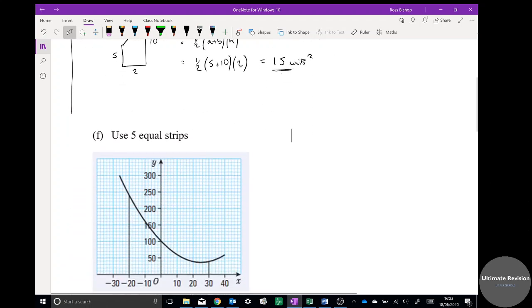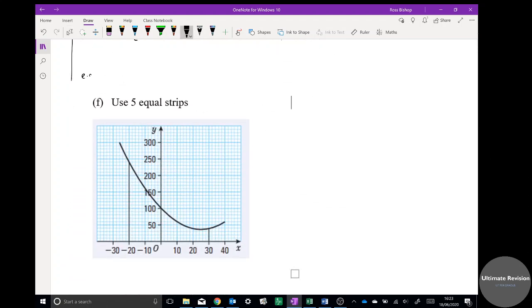Okay, here we go. Example 1. It says, estimate the area of this graph between these two lines, that line and that line, using 5 equal strips. So I need to split the area up into equal strips here, and I'm going to do that by splitting up 5 equal strips like that.